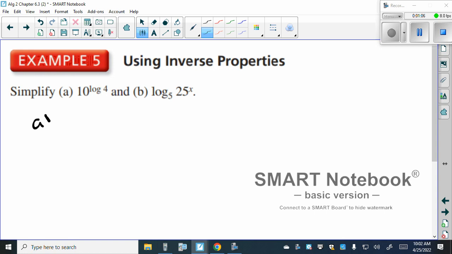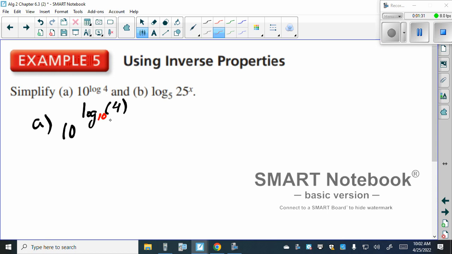A, we have 10 to the log of 4. Now, whenever there's not a base with a logarithm, it's what we call the common log, and the base is understood to be 10. For logs, L-O-G, whenever the base is not written, it's understood to be 10.